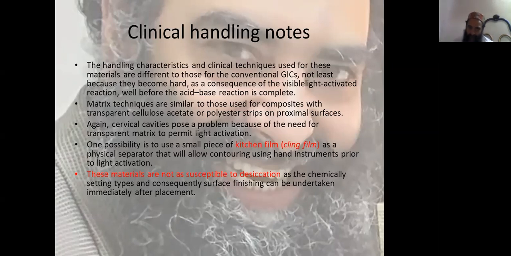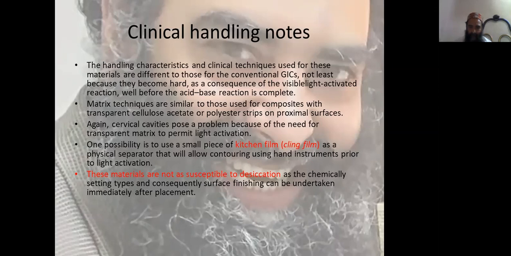Again, cervical cavities pose a problem because of the need for a transparent matrix to permit light activation. One possibility is to use a small piece of kitchen film, cling film, as a physical separator that will allow contouring using hand instruments prior to light activation.